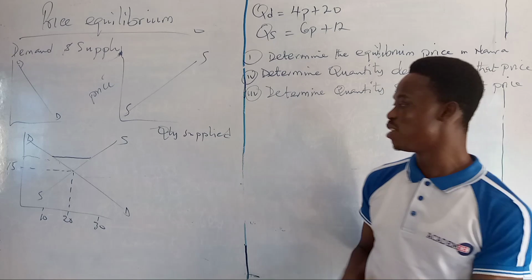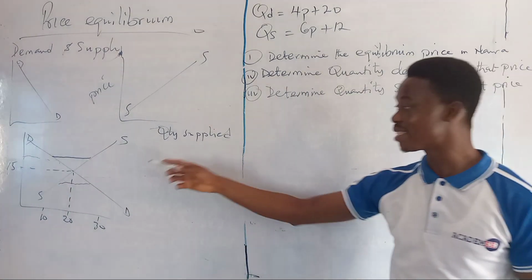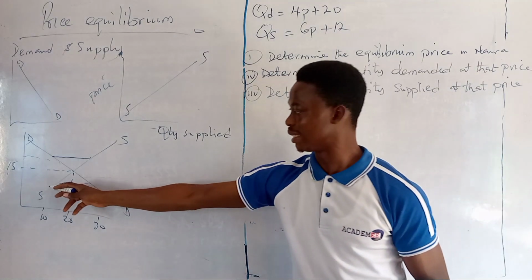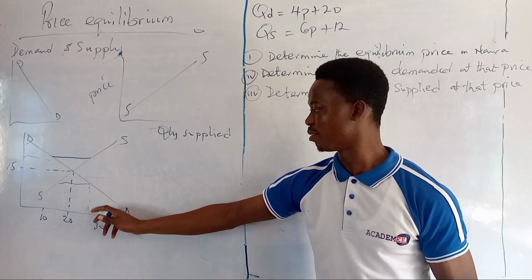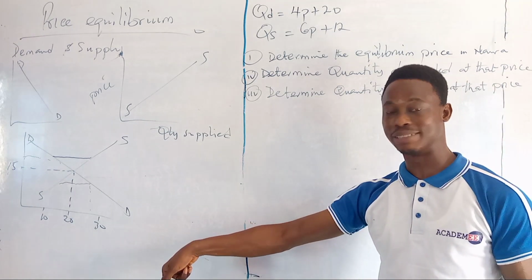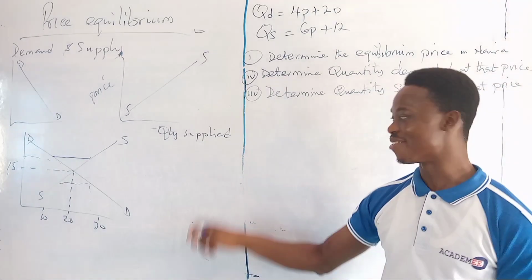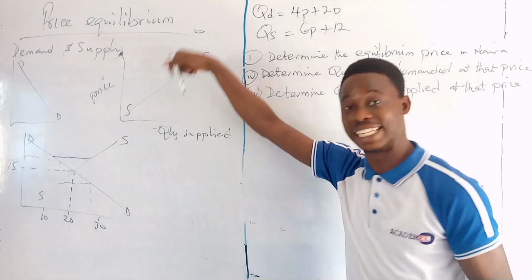If you now go below the equilibrium price here, we notice that on the line of demand, the quantity demanded has increased beyond the equilibrium quantity demanded, which means the consumer will be happy and ready to demand more at that point.